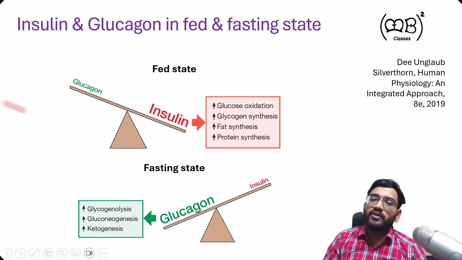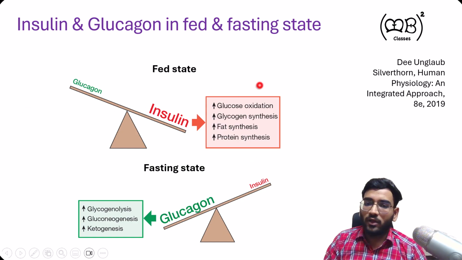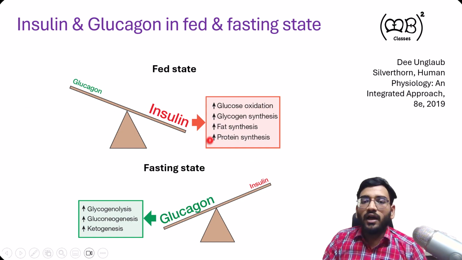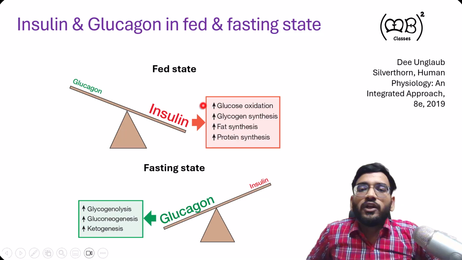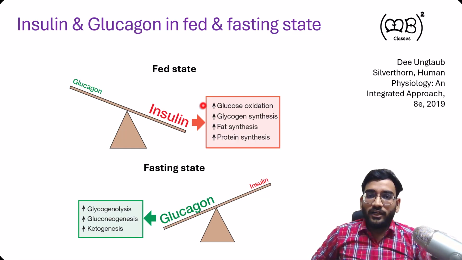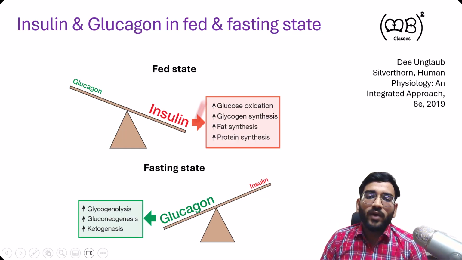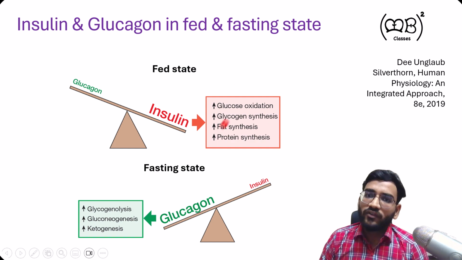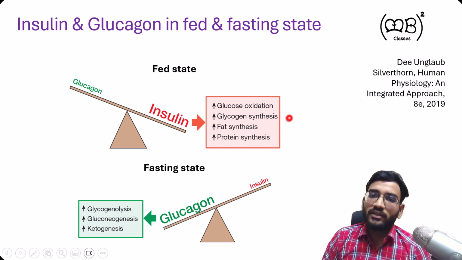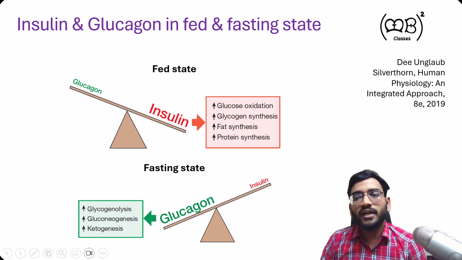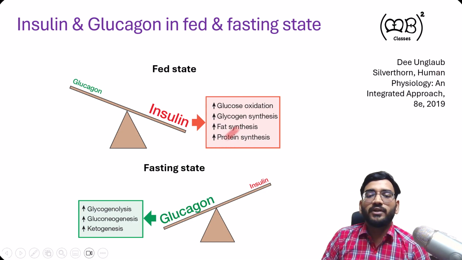Just remember that whatever was happening in the fed state, like glycolysis, glycogenesis, lipogenesis and protein synthesis, will be activated by insulin. And another trick is insulin will always dephosphorylate. So whatever enzymes are required for these pathways will be activated in their dephosphorylated state. Insulin will dephosphorylate, the enzyme will be activated, and then these pathways will happen.